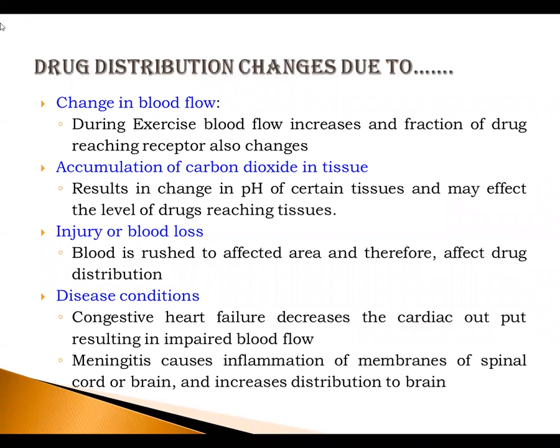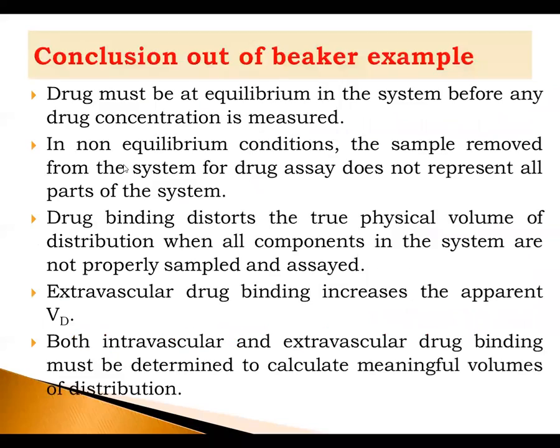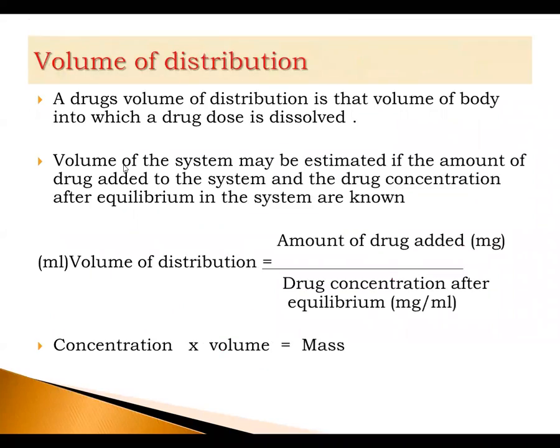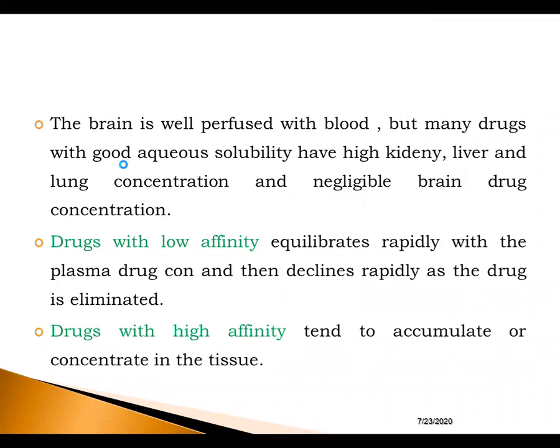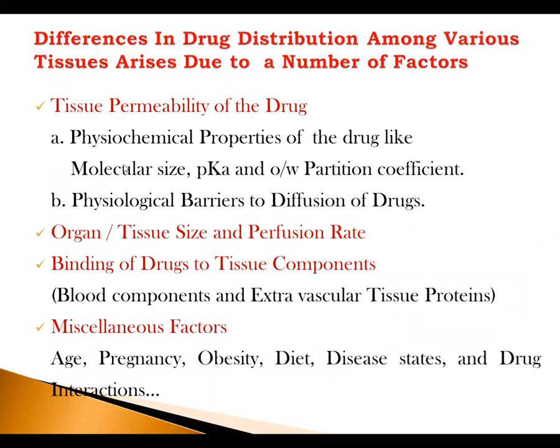So overall, two classes back, I discussed the factors affecting drug distribution. This is one of the questions you can expect. I hope you remember what we discussed: tissue permeability of the drug, organ or tissue size and perfusion rate, binding of the drug to tissue components, and miscellaneous factors.